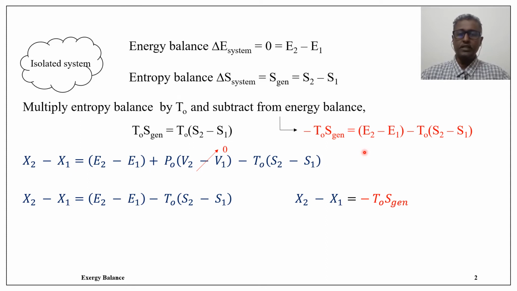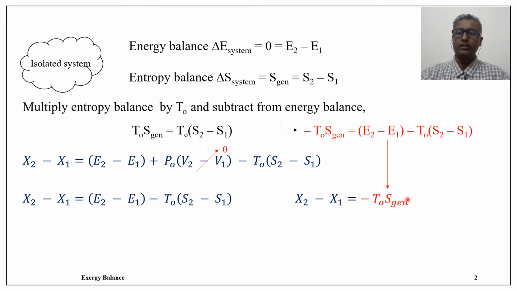What is this entropy generation? Yes, earlier we discussed entropy generation is always positive. In the limiting case, for a reversible process, entropy generation is equal to 0. For real or irreversible processes, it is always positive, and hence, in the right hand side of the equation, T naught is a temperature which is also positive, and S generation is also positive.